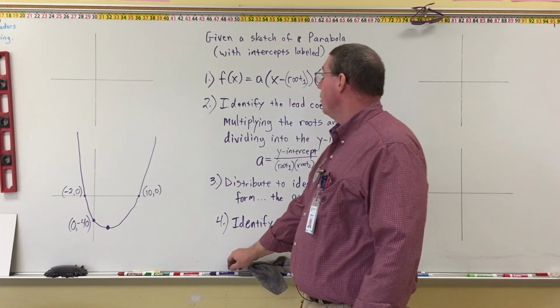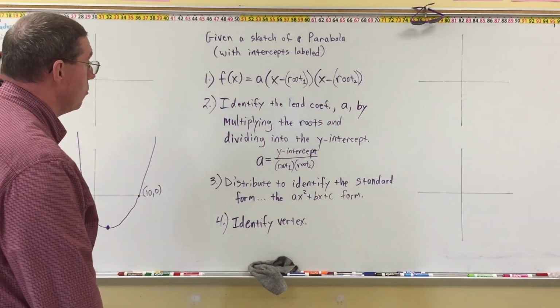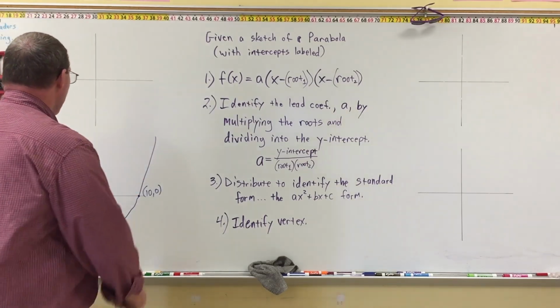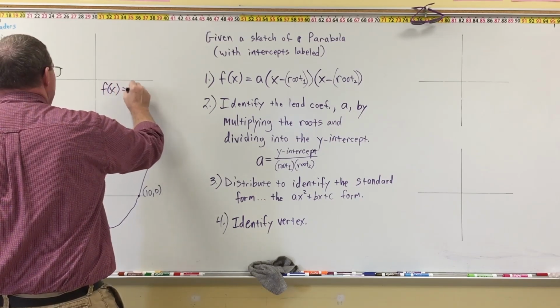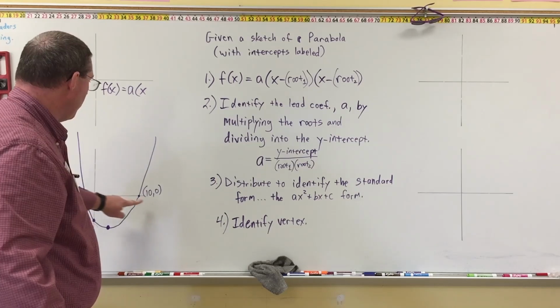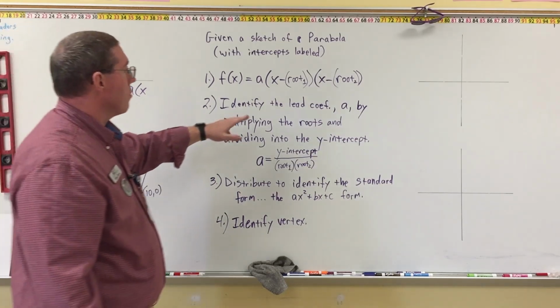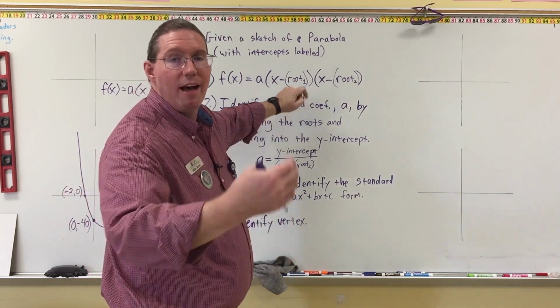So the first thing we're going to do is write the form f of x is equal to a times x minus root 1, x minus root 2. Okay, so that's going to be f of x is equal to a times x. Well, we have two roots. We have -2 and we have 10. So let's do -2 first. Now note, x minus -2, that's x minus a negative.